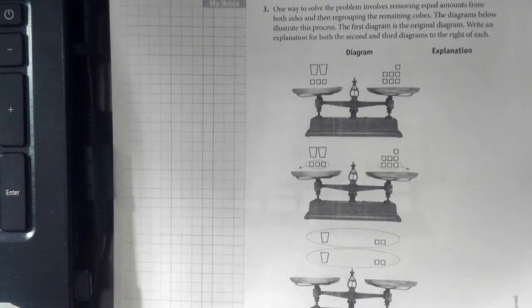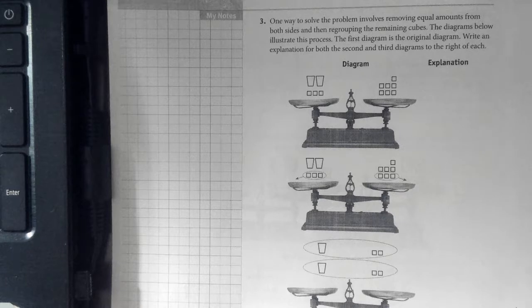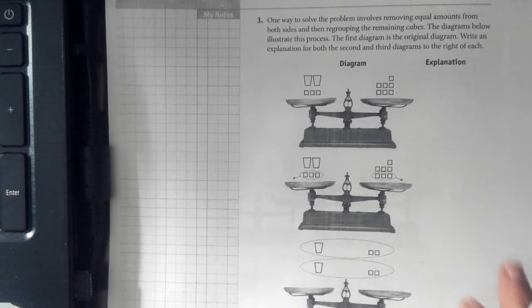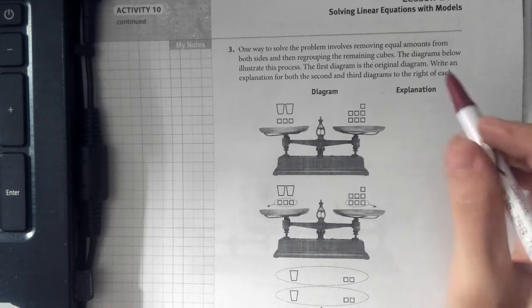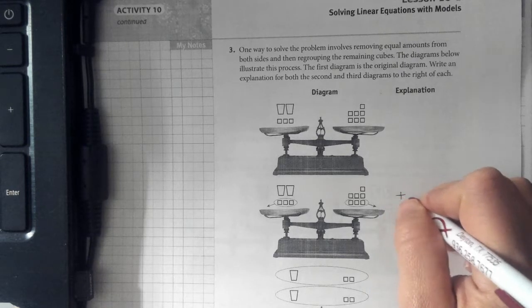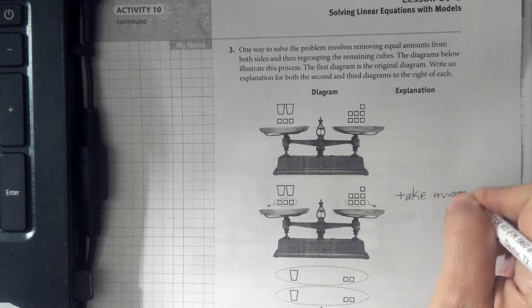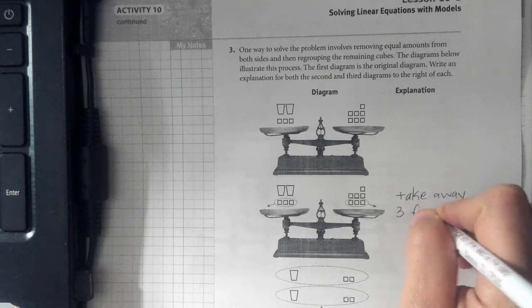So on page 120, here it says one way to solve the problem involves removing equal amounts from both sides and then regrouping the remaining cubes, just like we did. Write an explanation for both the second and third diagrams to the right of each. Okay, so here I'm going to put take away 3 from each side.